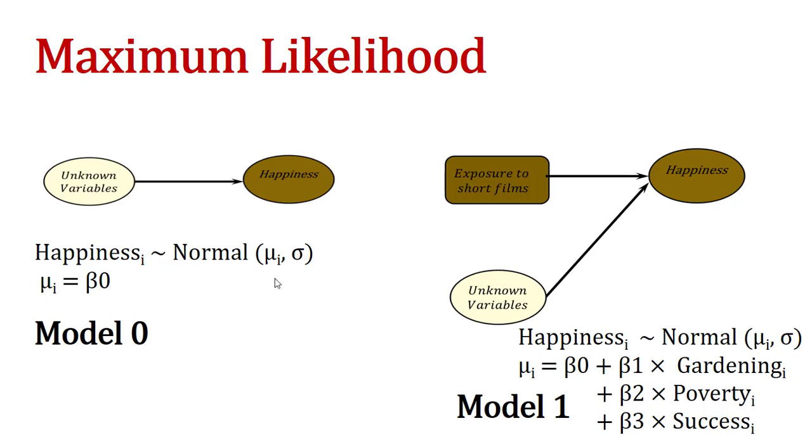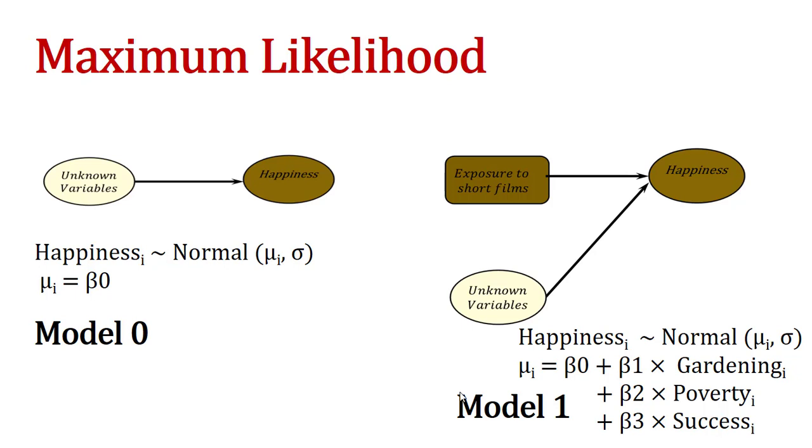The mu is the prediction of the model, and what we have is 400 values of happiness, and they are going to be predicted using a normal distribution with a mean of mu i.